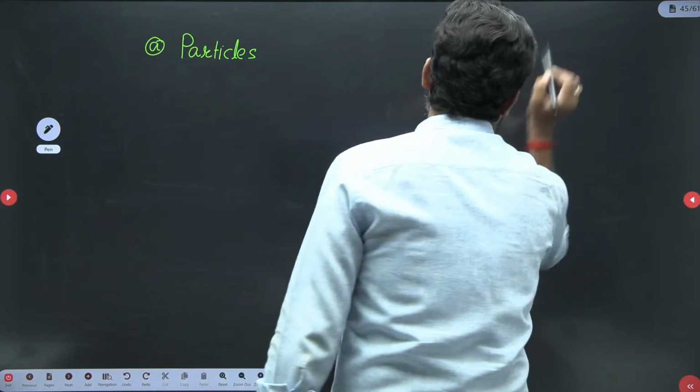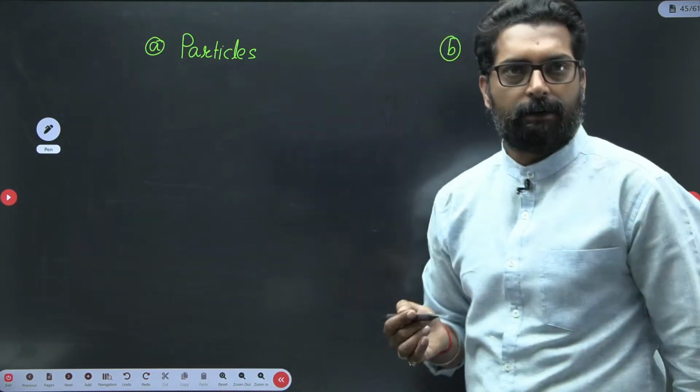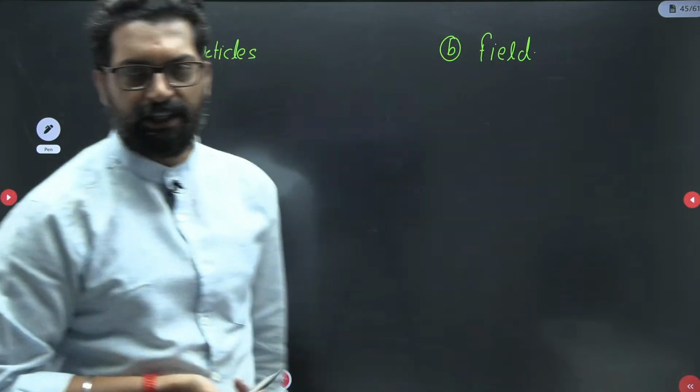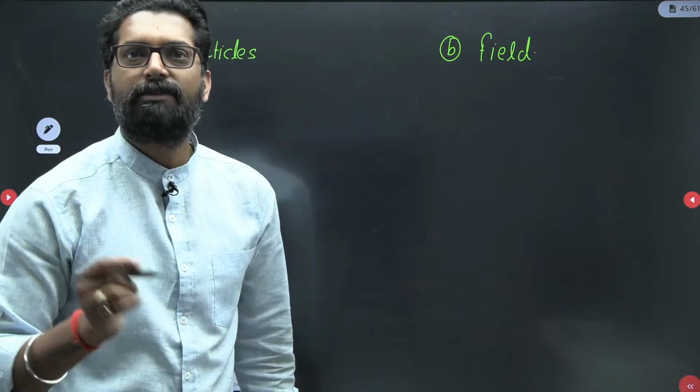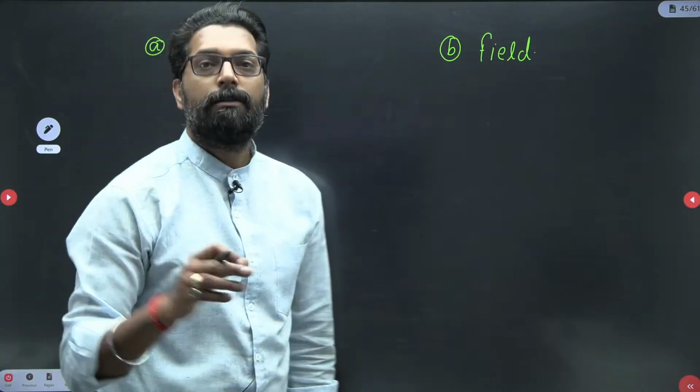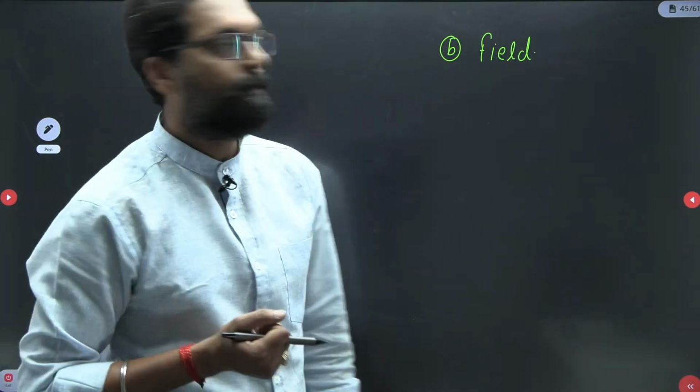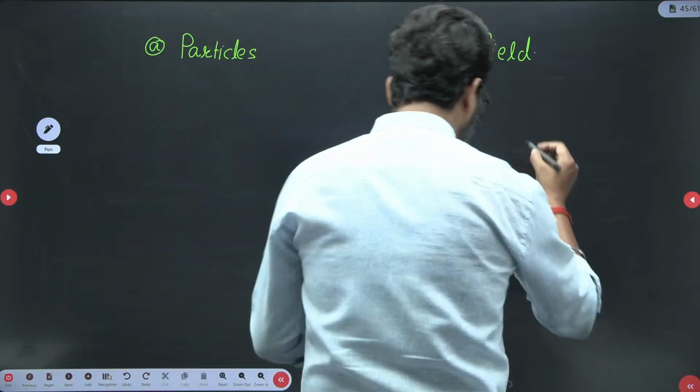This field is either scalar or vector. A scalar field is what? Density, temperature. These are all scalar fields. And what is the vector field? The velocity field is the vector field. So this is your field.